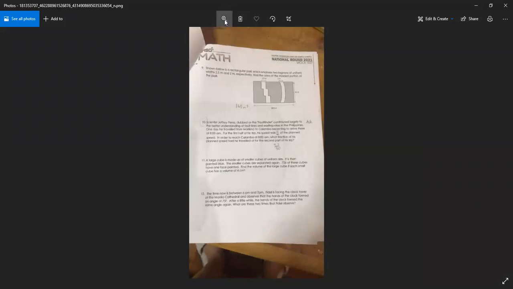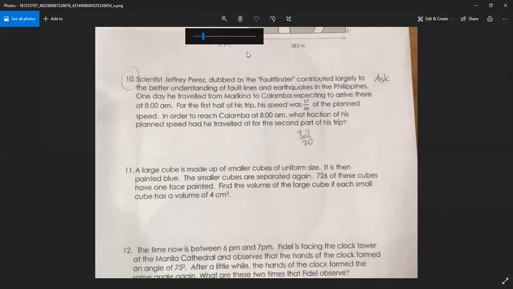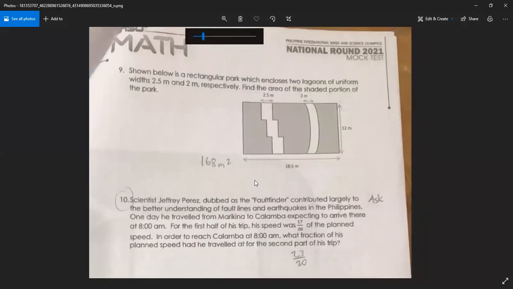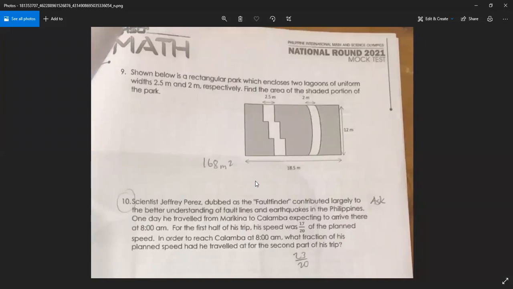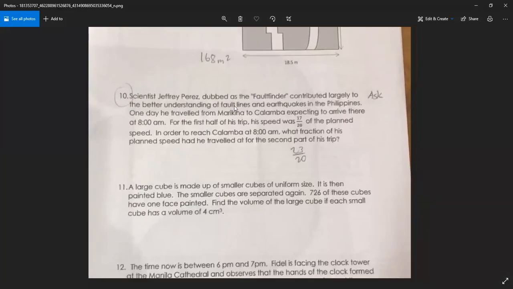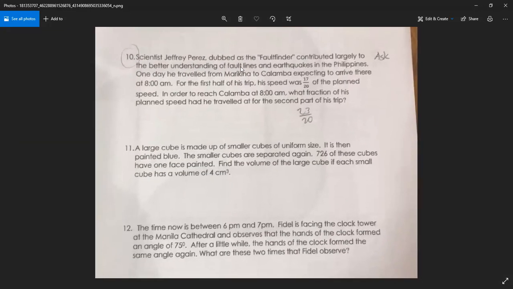For number 9, I think you got it correctly. That is 168. Number 10, actually, I identified a solution here, but I'm looking for a formula, but I'm going to discuss the way I did it. So what I did for number 10 is I assumed a number.